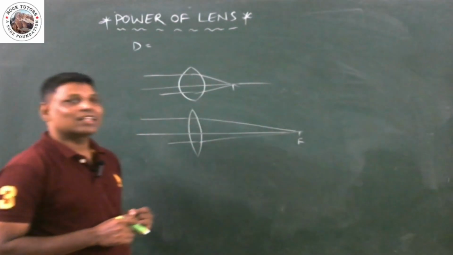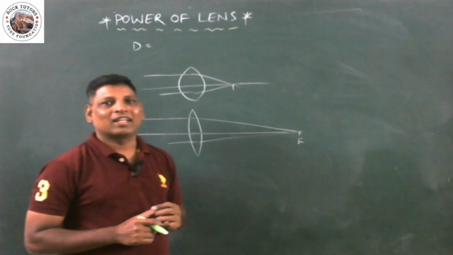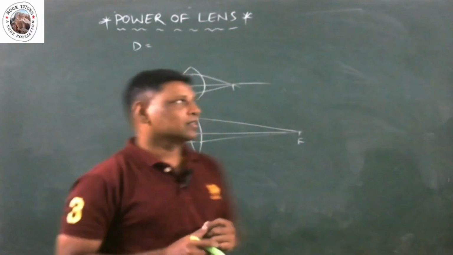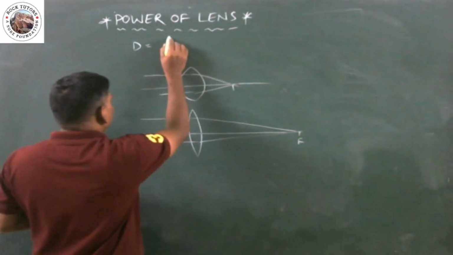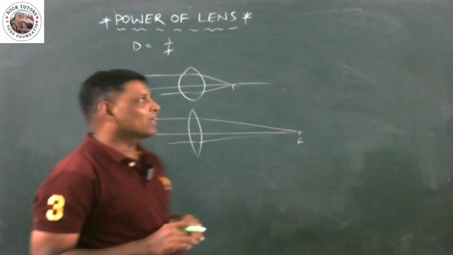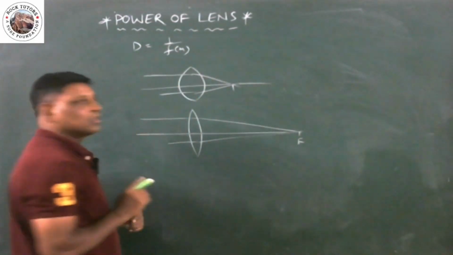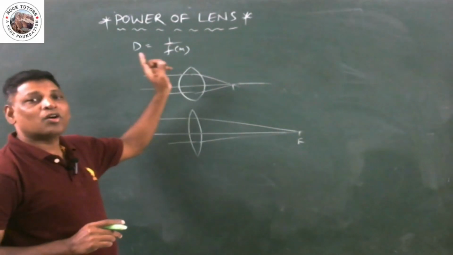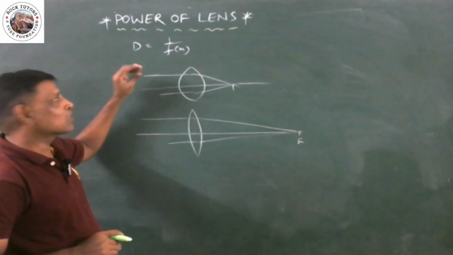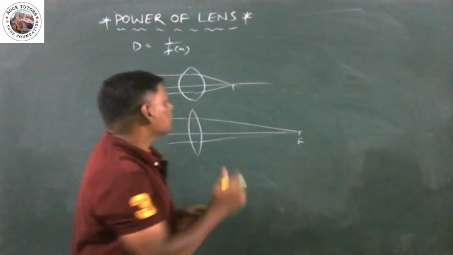Now we can say that the power of lens D is equal to the reciprocal of focal length, 1 by F, where F is in meters. So D is equal to 1 by F in meters.